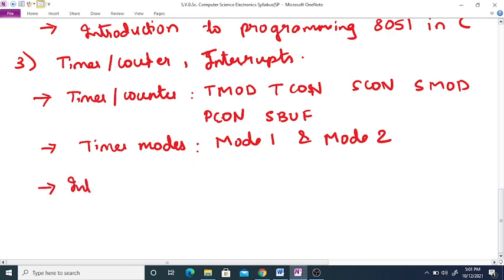Next, interrupts, different types of interrupts used in 8051.